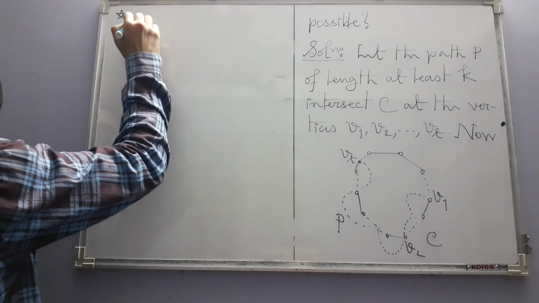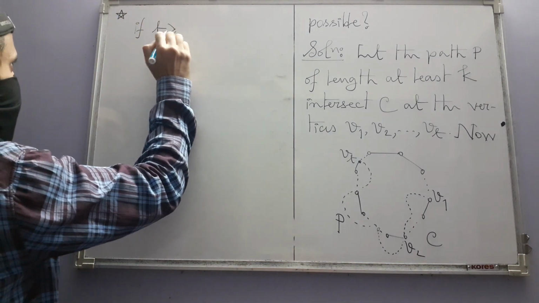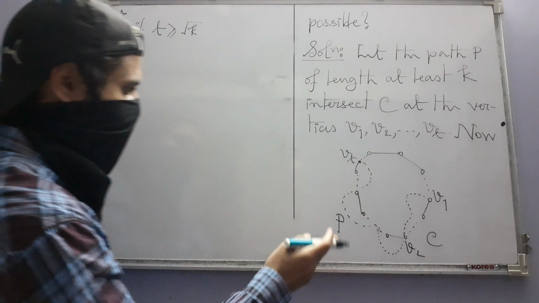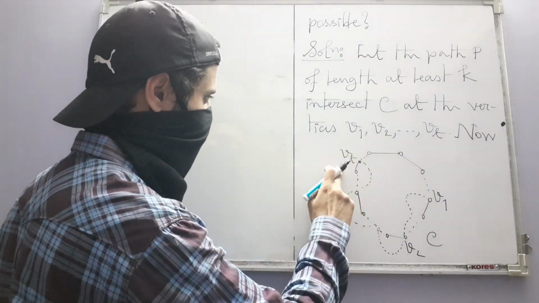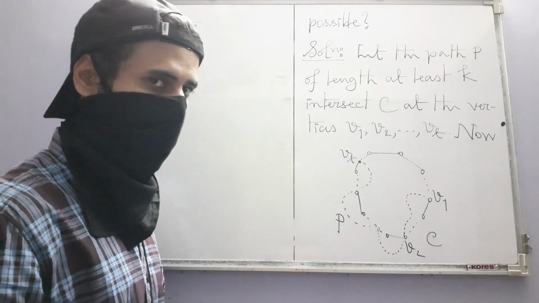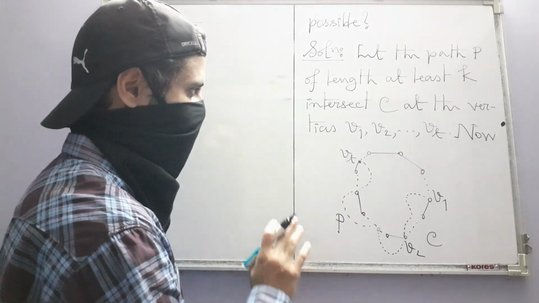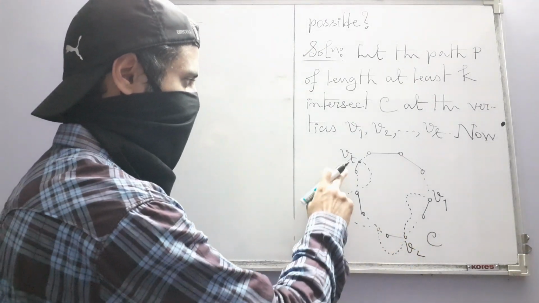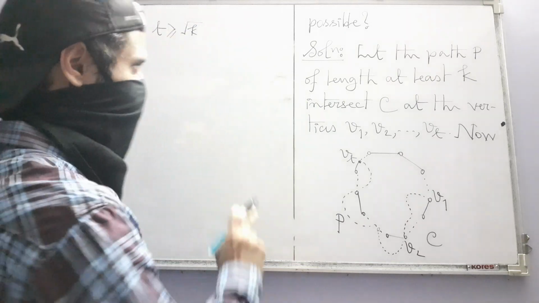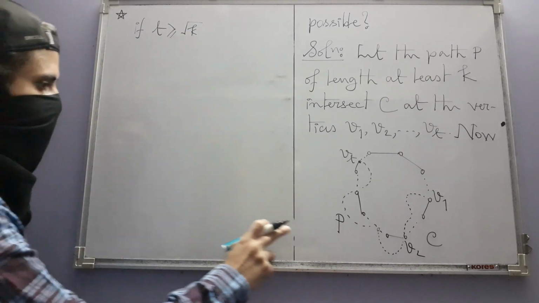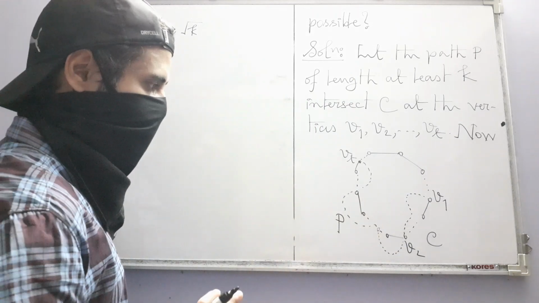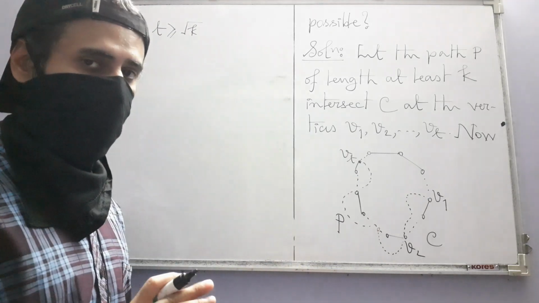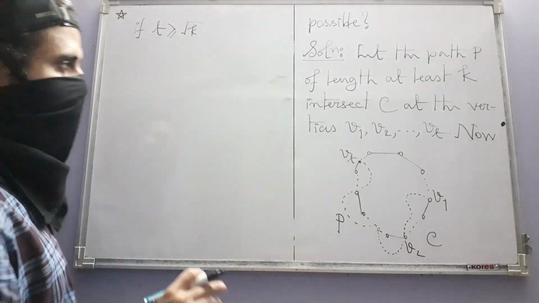The order of C, that is the number of vertices of C, is at least t. So the order of this cycle, which is also the same as the length of the cycle C itself, is at least root k. And that's it. Then we have found one such cycle in G.